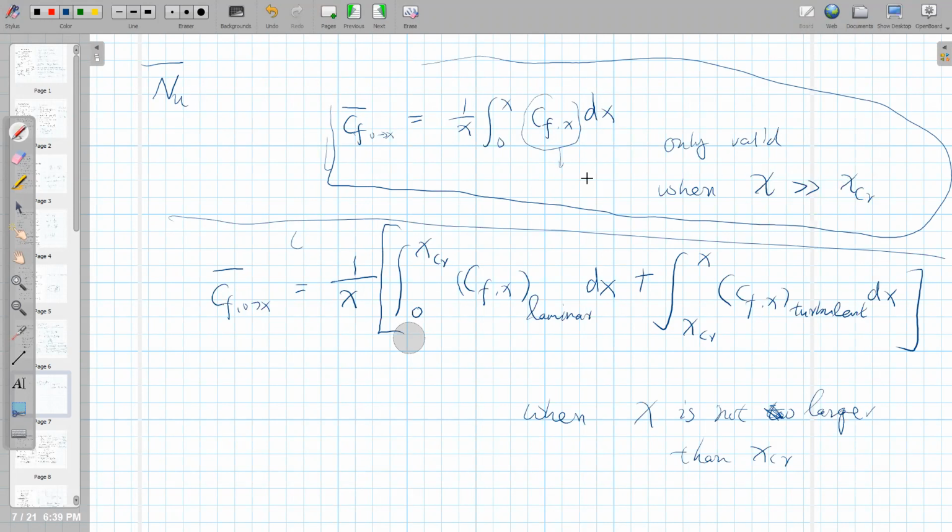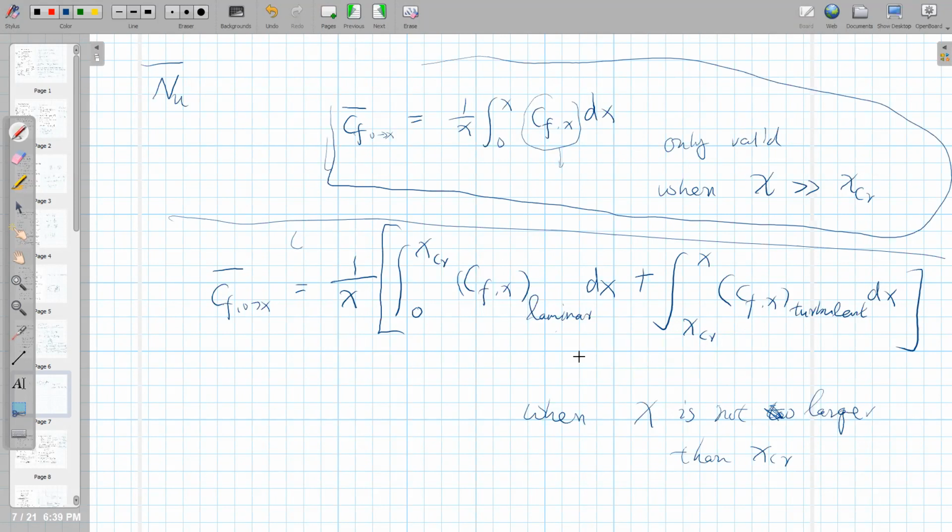So when you do the average, you're just using the turbulent value directly. But in realistic cases, if you want a more accurate average, you need to integrate in two parts, because we know that in the laminar and turbulent cases, your CFX and Nusselt number are not the same.